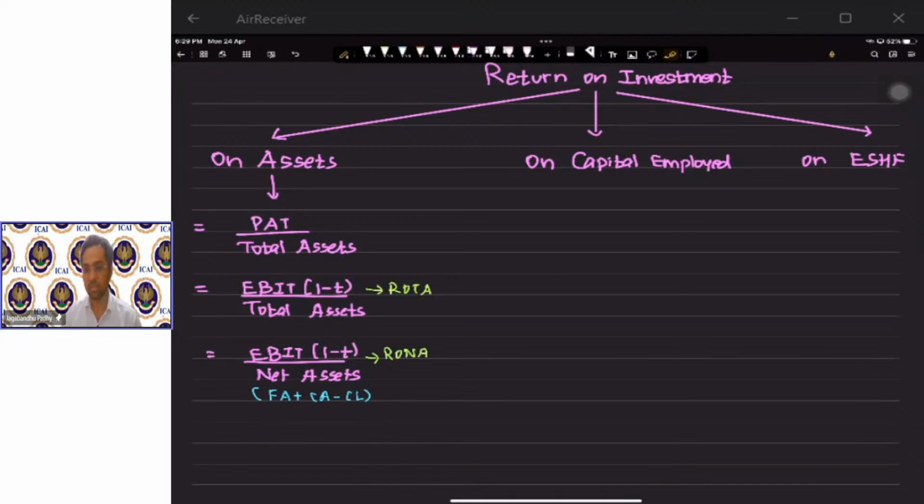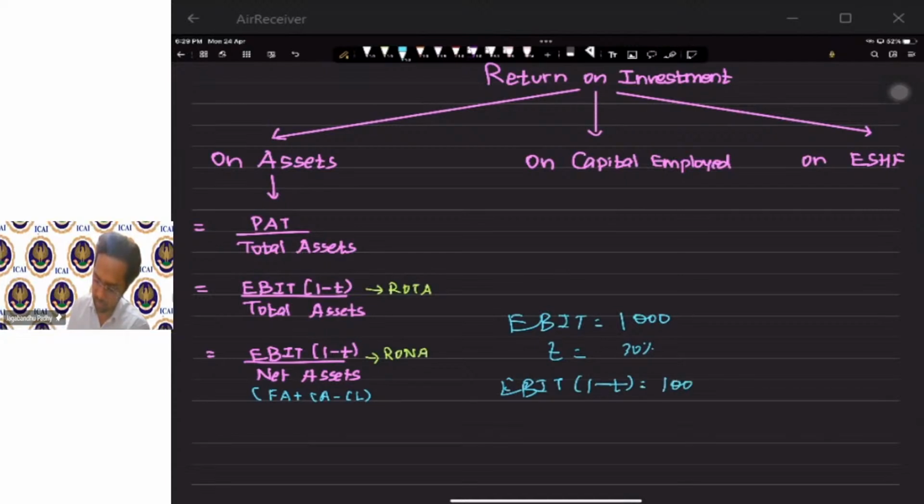For example, if your EBIT is 1000 and your tax rate is 30%, then EBIT into (1 minus T) will be 1000 into (1 minus 0.3), which is 700. So T stands for tax rate. Okay, I hope this is clear to you guys.